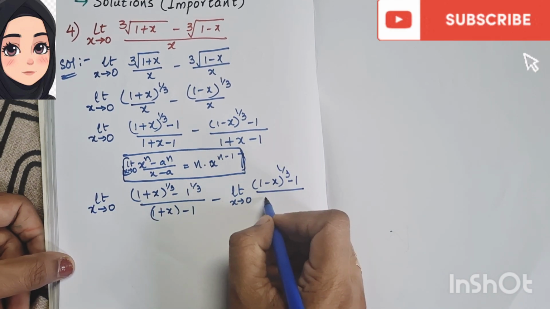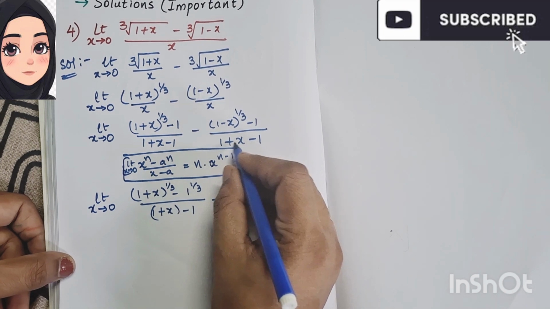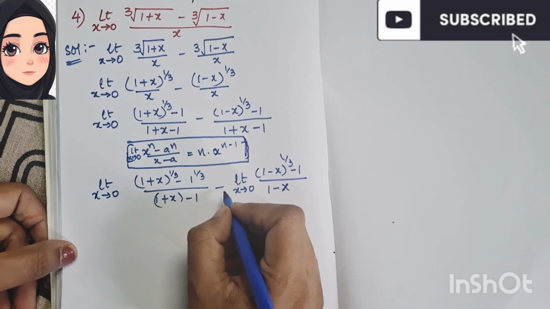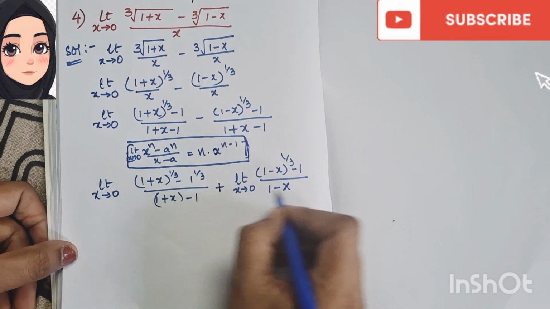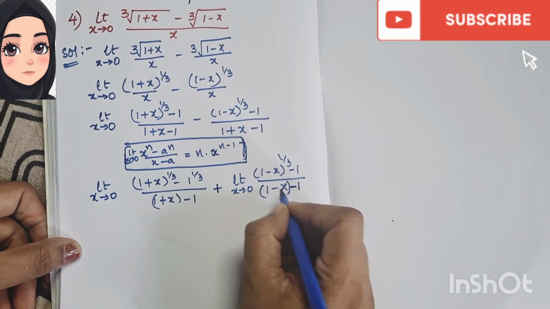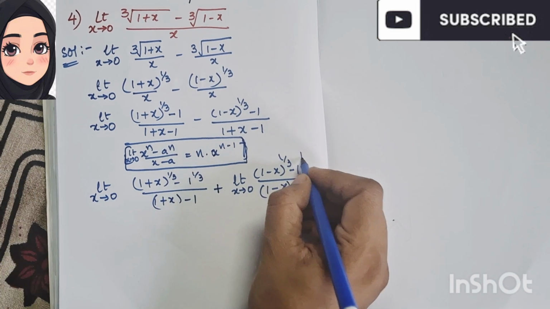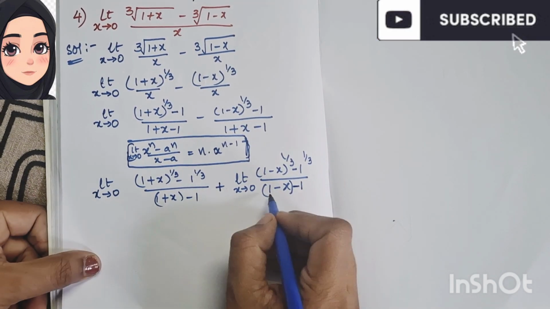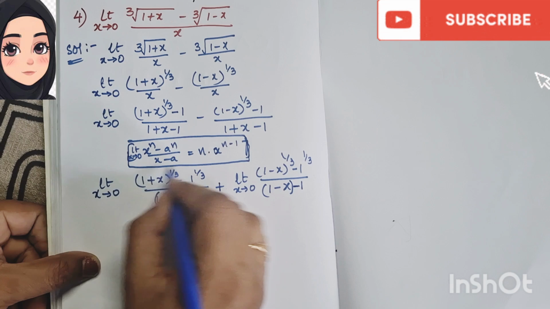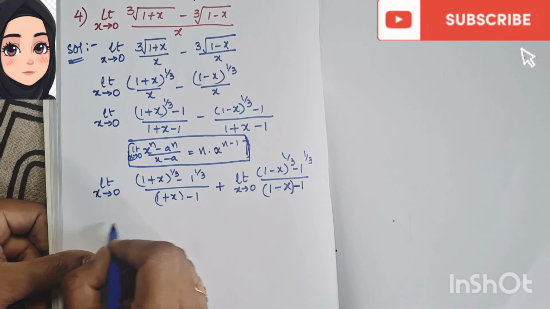Now we have to get 1 minus x in the denominator also, but we have x, so writing minus x here and making the sign minus. Now it is in the form of the formula (x power n minus a power n) by (x minus a). Now apply this formula.